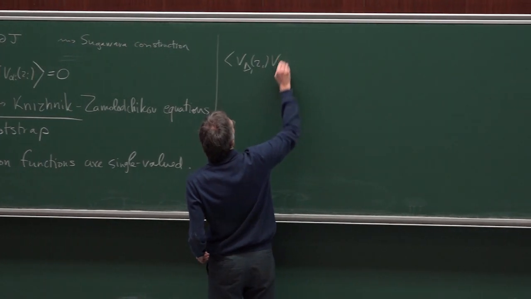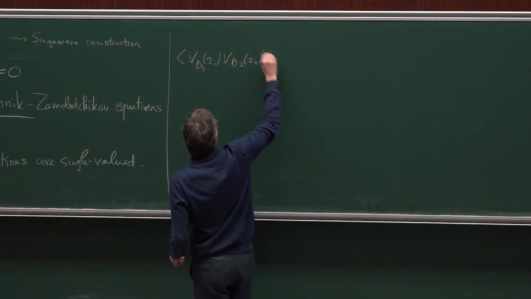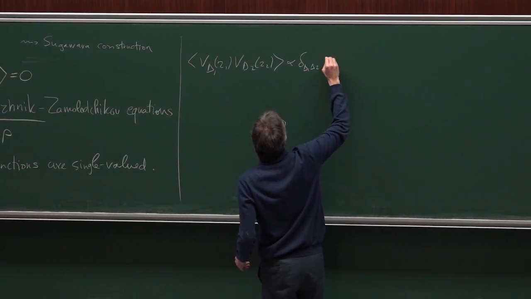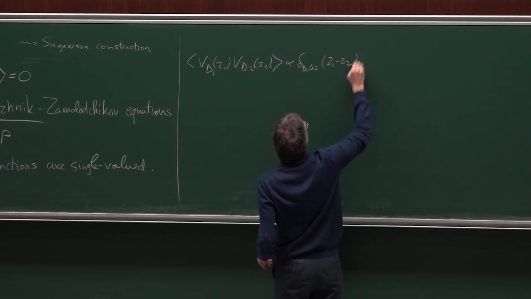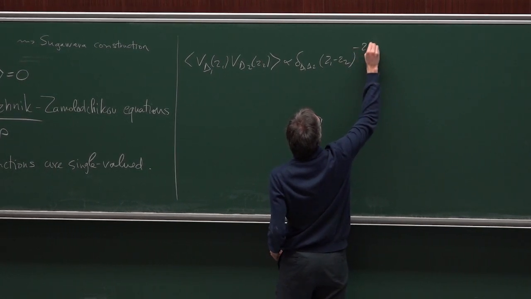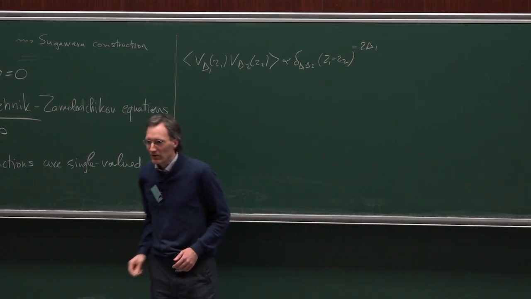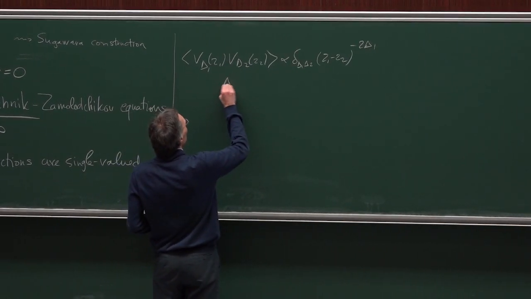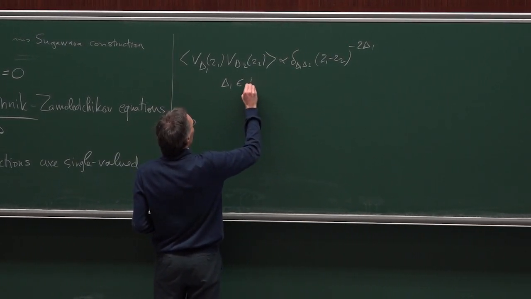Let me remind you the form of the two-point function. This is proportional to delta 1, delta 2, z1 minus z2 to the minus 2 delta 1. If I want this to be single-valued, I need delta 1 half integer.